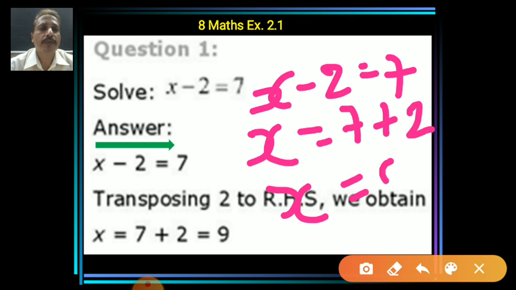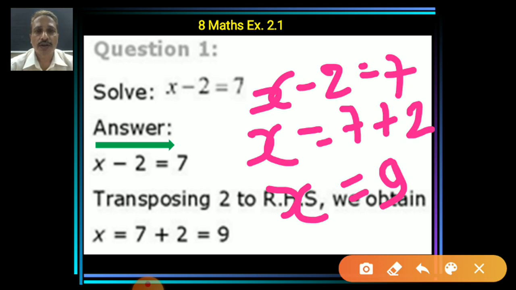It's so simple. Whenever the value of x becomes 9, then and only then this equation will be satisfied or verified. No other value keeps the equation balanced. Let's check how to see the answer.